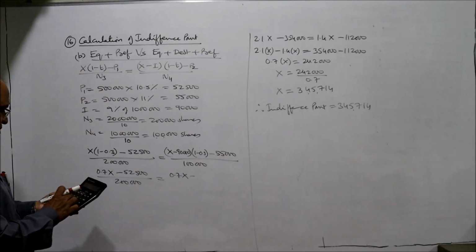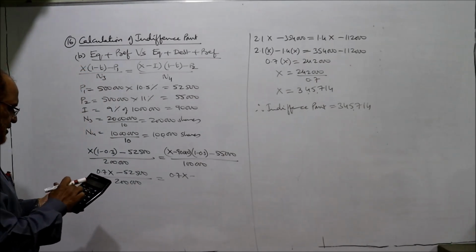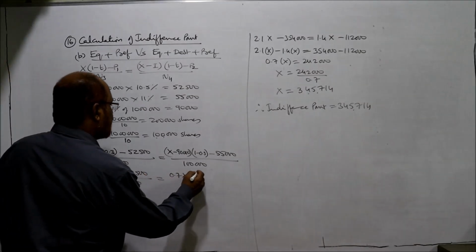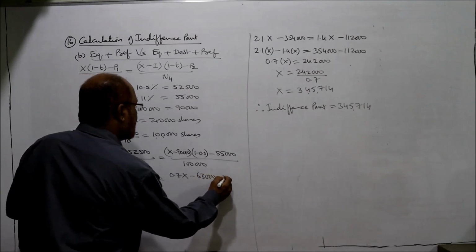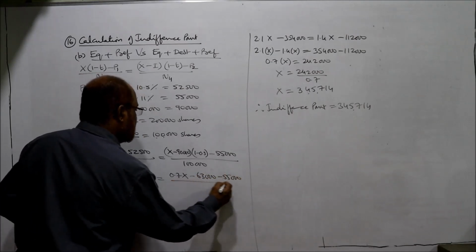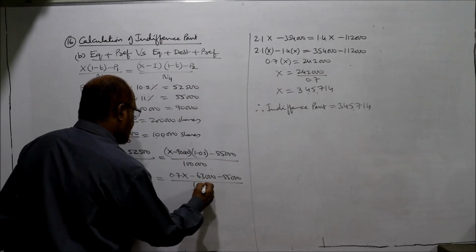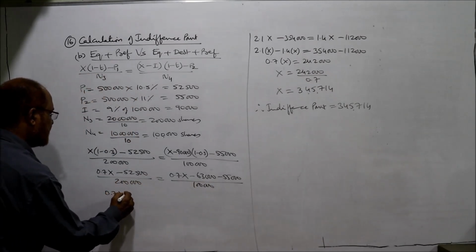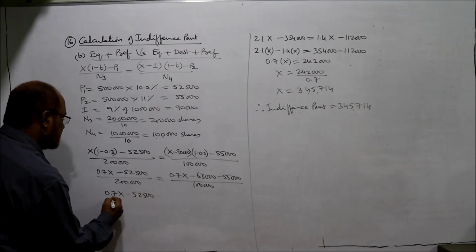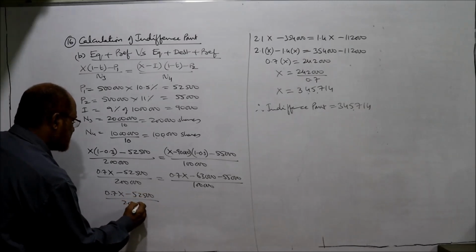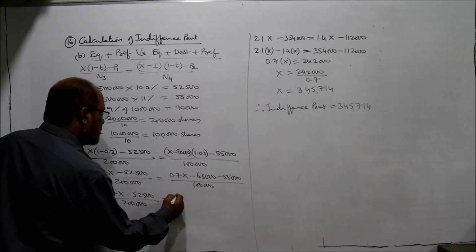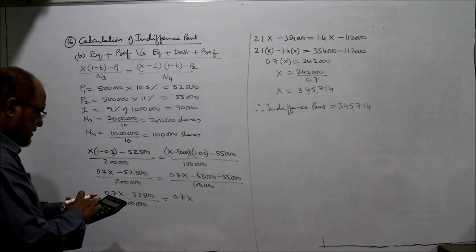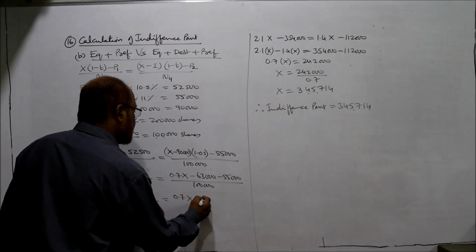We'll make the calculations. 90,000 into 0.7, you are getting 63,000, minus 55,000 divided by 1 lakh. Now, 0.7x minus 52,500 divided by 2 lakhs is equal to 0.7x, 63 and 55. 63 plus 55, you get 1,18,000.